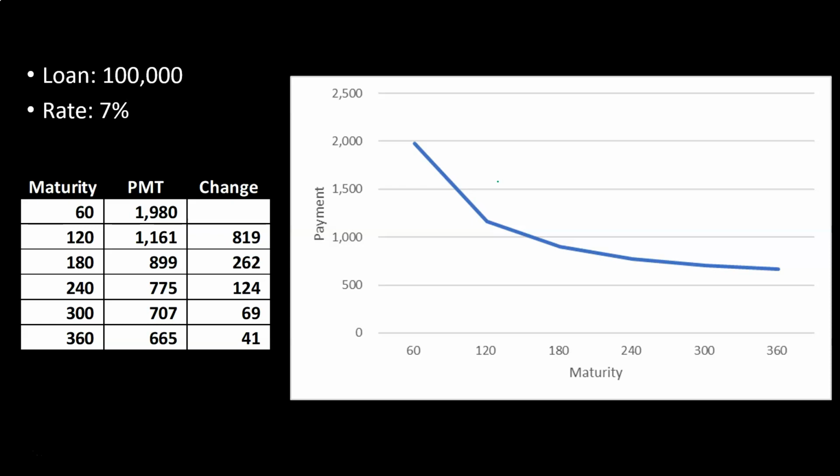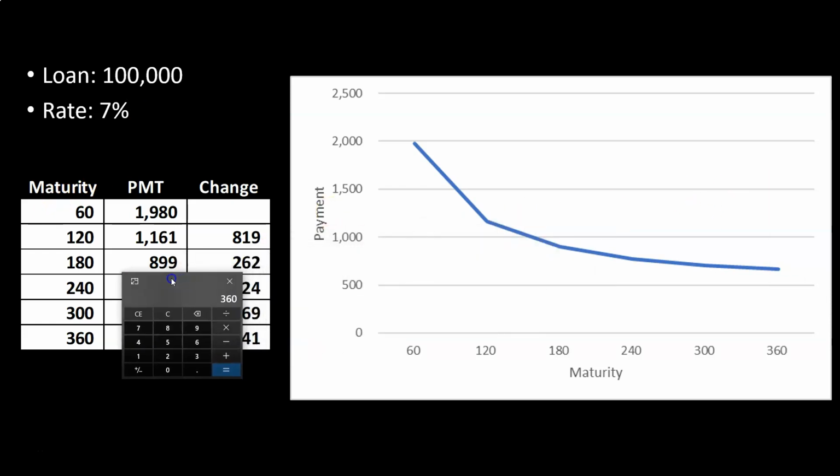The other thing to look at here is the loan of 100,000. We're going to keep the rate the same at 7% and ask, what would happen if we change the maturities? We have the standard 30-year, which would be 360 payments, meaning 12 times 30.